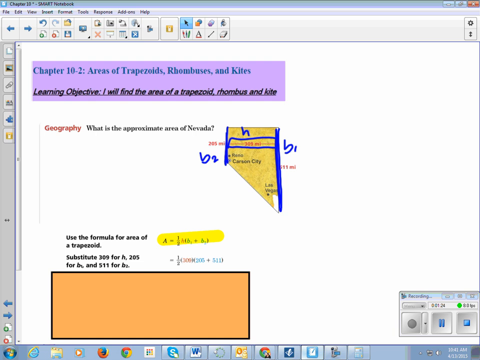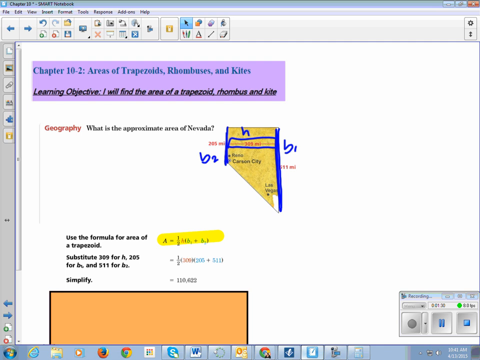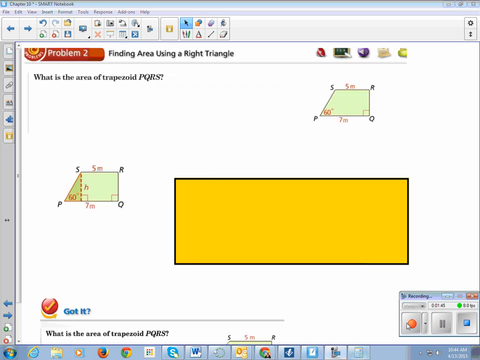I get 1/2 of 309 times 205 plus 511. When we simplify that down, we get 110,622. And if I put a mile squared next to that, that is the approximate area of Nevada.